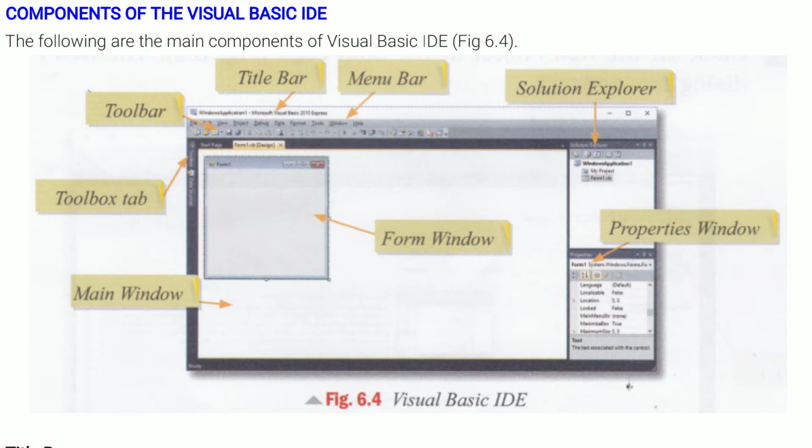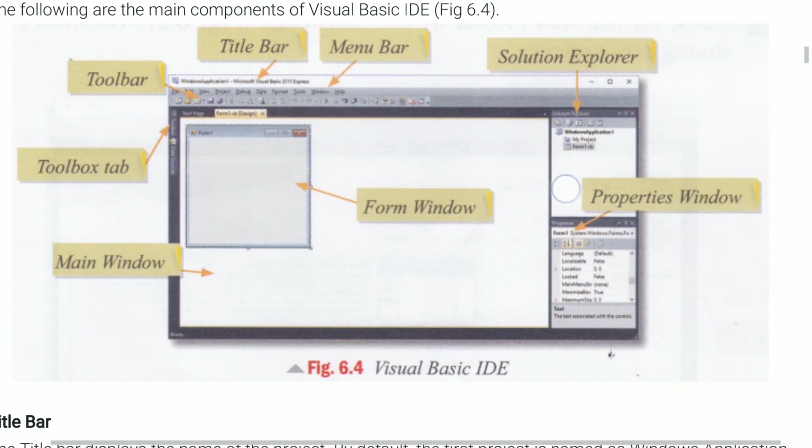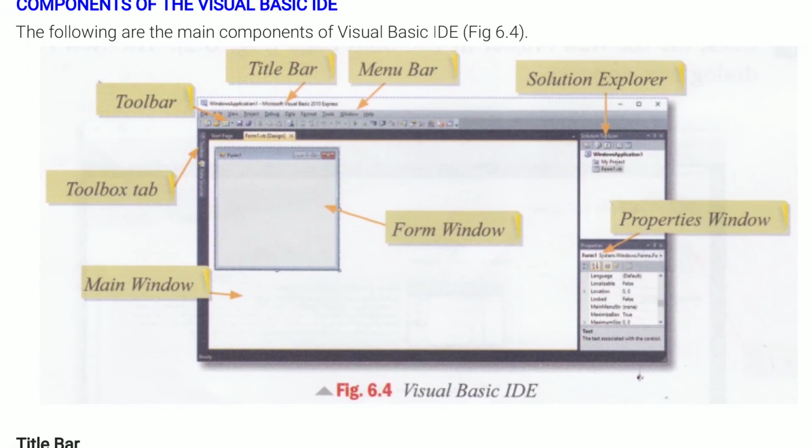We can change the properties, methods and events also. Properties are the most basic of the object's attributes. Any object, either form or any control from the toolbox, each object has its own set of properties, methods and events.